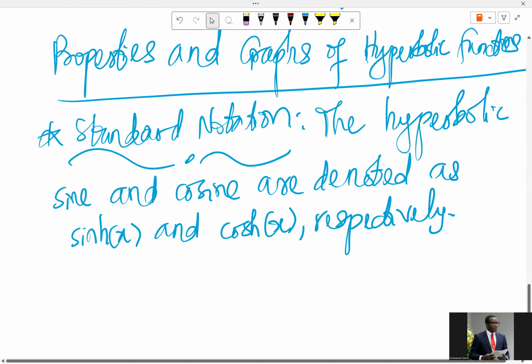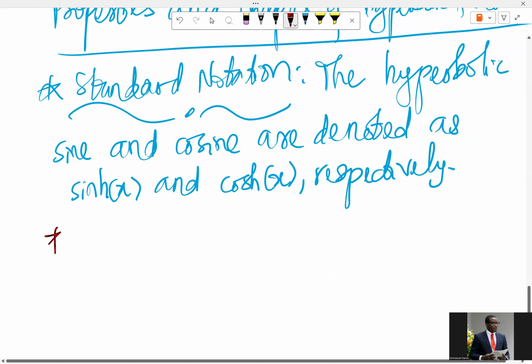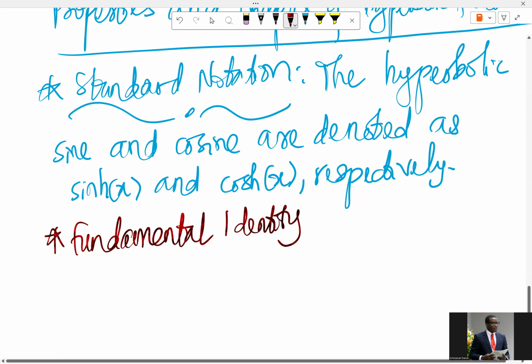So let's talk about the fundamental identity that we will come across here. The fundamental identity of hyperbolic functions.